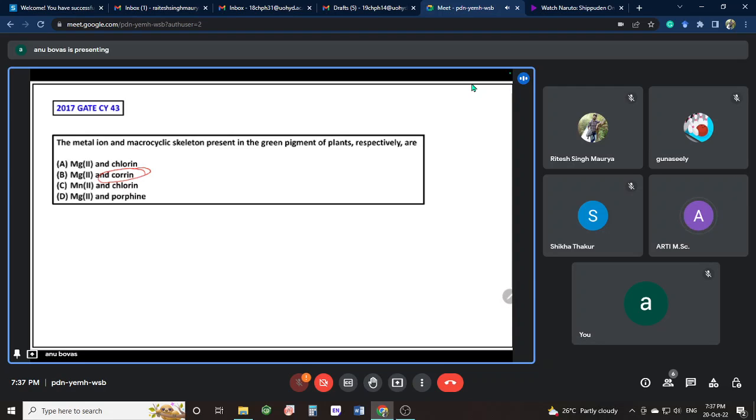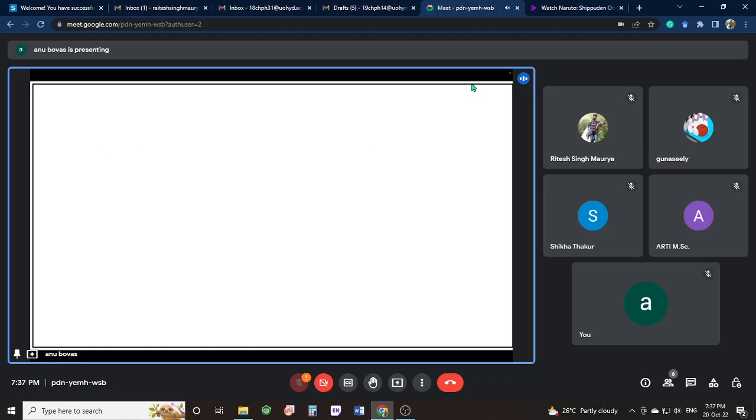The corrin ring system was present in the case of cobalt. Whenever cobalt is present, cyanocobalamin, adenosylcobalamin, and methylcobalamin, in those cobalamins, corrin was the ring system present. And in hemoglobin and myoglobin, porphyrin was the ring system present. And now the green pigment is chlorophyll. We will learn about chlorophyll, what the pigments are, and what ring system is present.